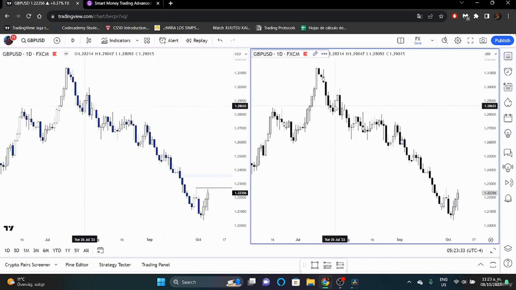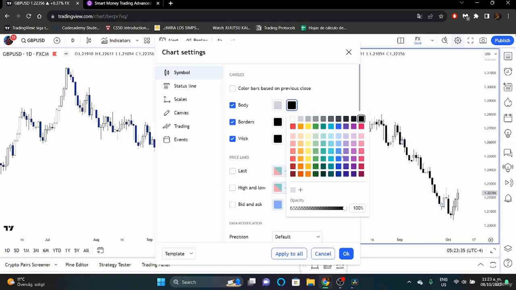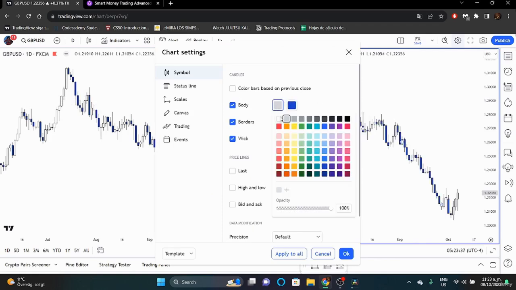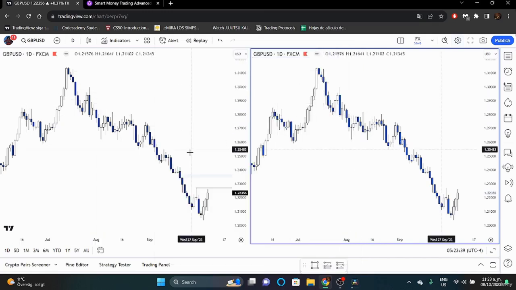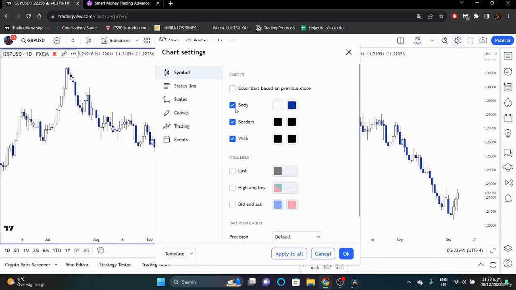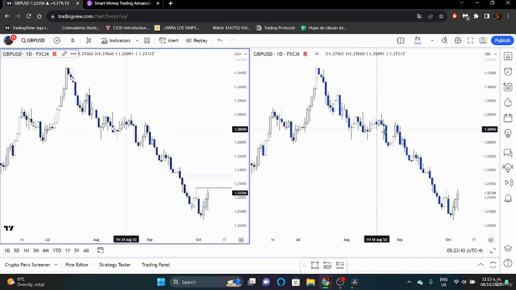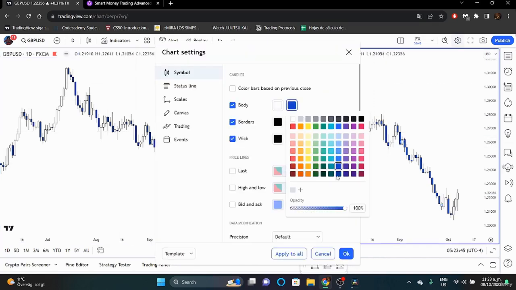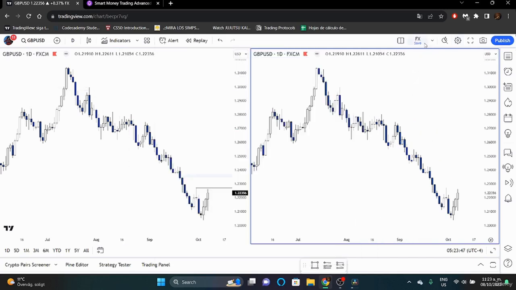Okay, let's change the colors so it looks exactly the same. As you can see, there we go. Okay, we do a run lower.